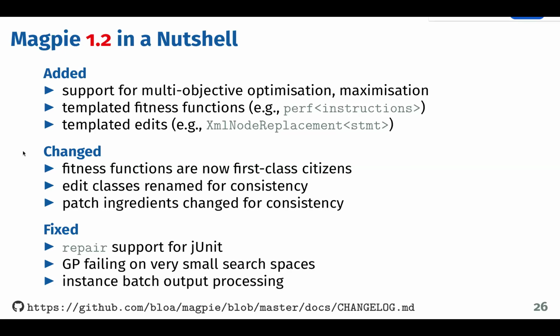You can just say, I want XML node replacement of a statement, and it will take your XML file and replace one statement by another statement. So that's much easier to write in terms of scenario files. Things that I changed: fitness function is now a first-class citizen. Before that, it was kind of hard to introduce new ones. Now it should be much easier. A few things changed for consistency, and a few bugs have been fixed.